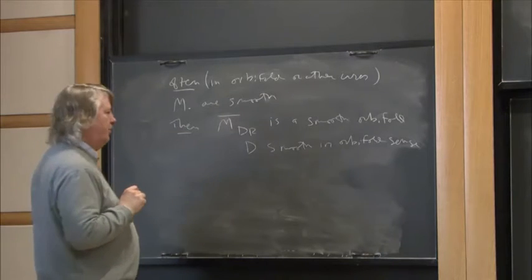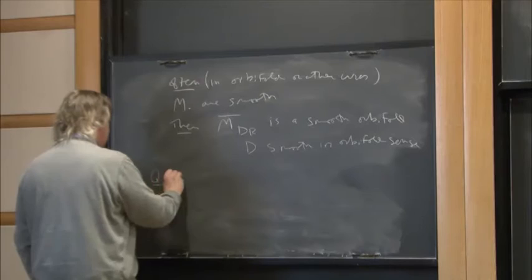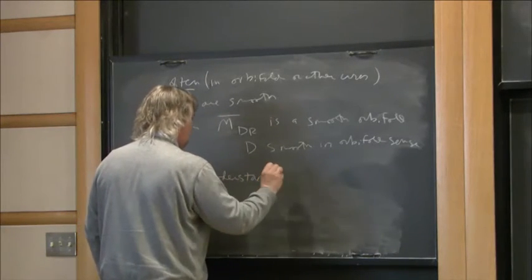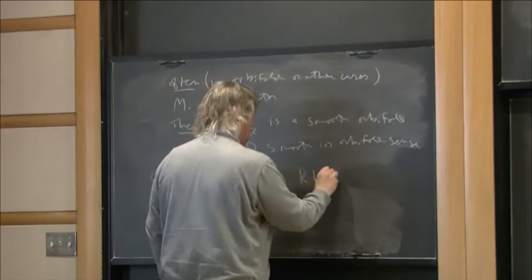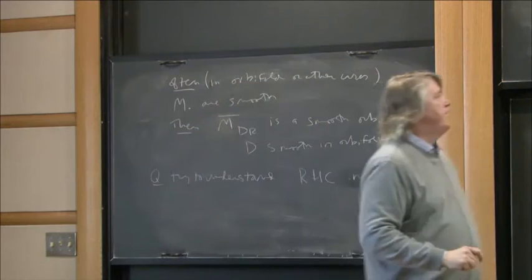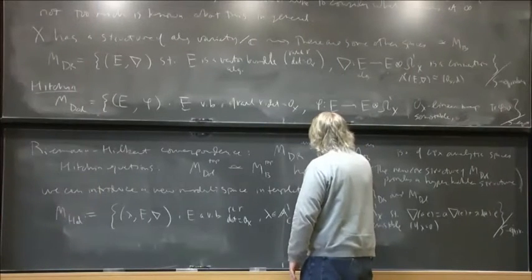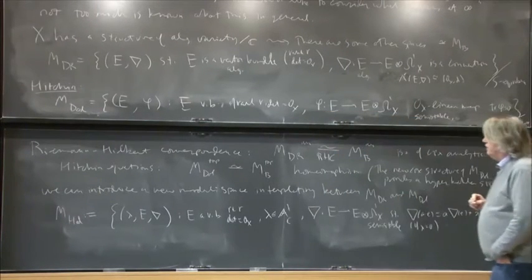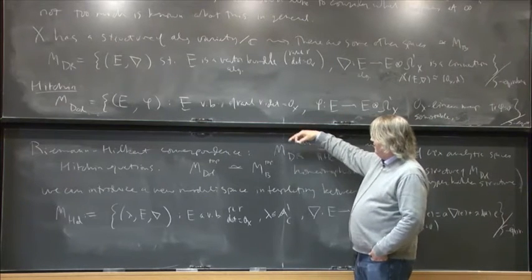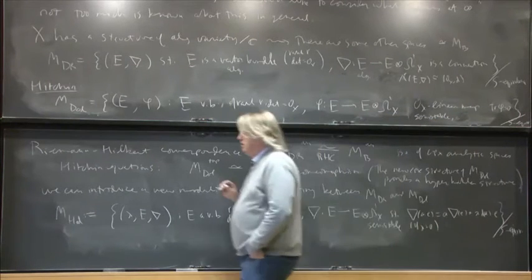So now the question that we would like to understand is, how can we understand what's happening? So the question is to try to understand the Riemann-Hilbert correspondence. Let's call this RHC. We would like to try to understand this map between this space where we now have a smooth compactification and this space where we don't know too much about the compactification.